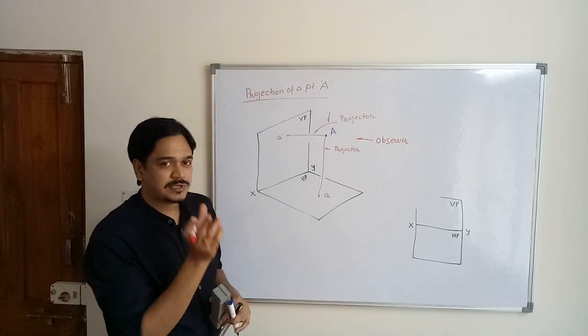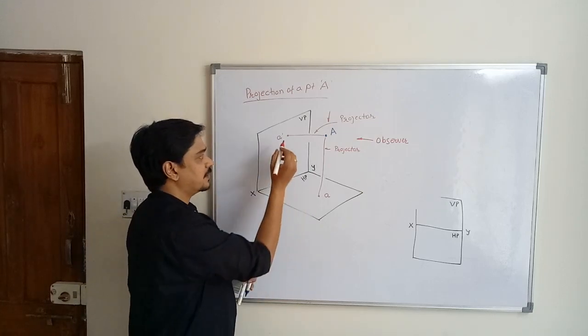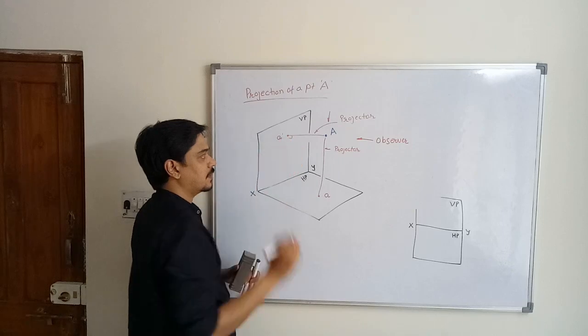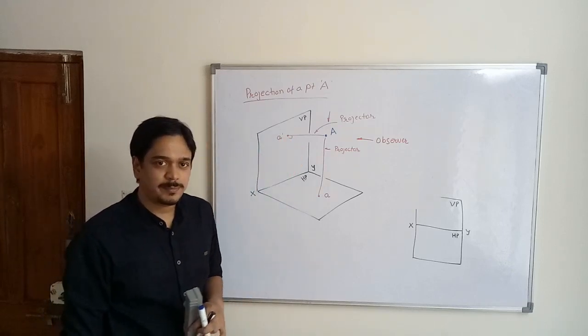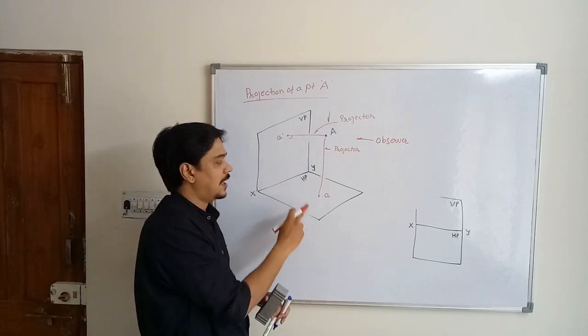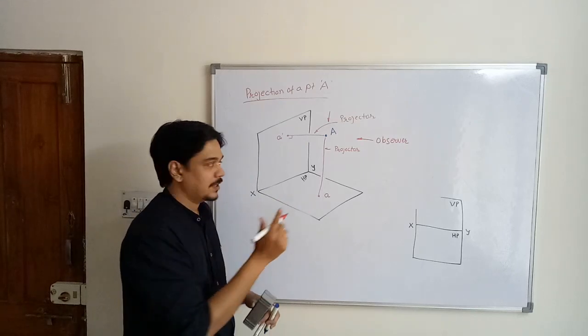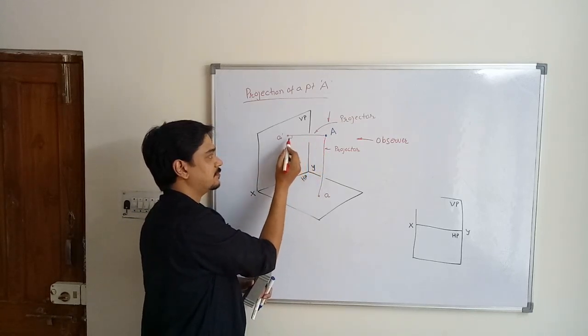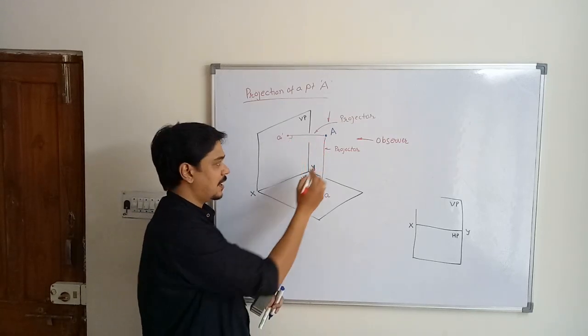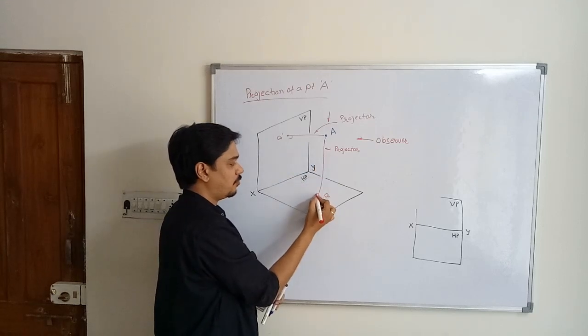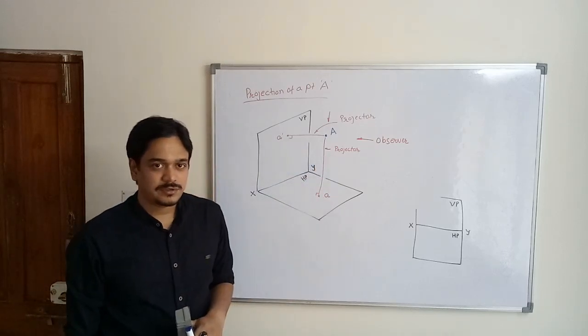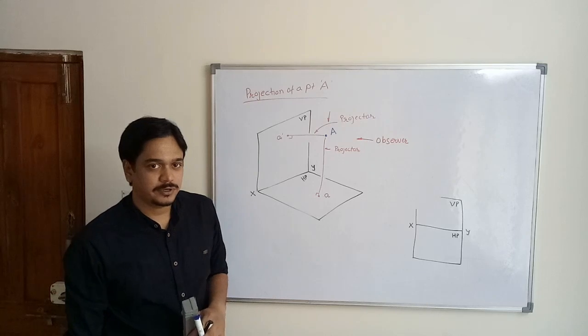Now the term orthographic projection: what is that? It is perpendicular projection. So these projectors will be perpendicular to the vertical plane as well as the horizontal plane. You can see here that this projector is perpendicular to the vertical plane and this projector is perpendicular to the horizontal plane. So this is the orthographic projection of a point.